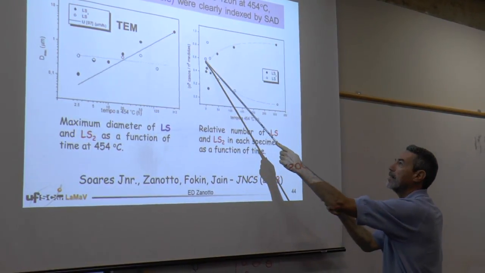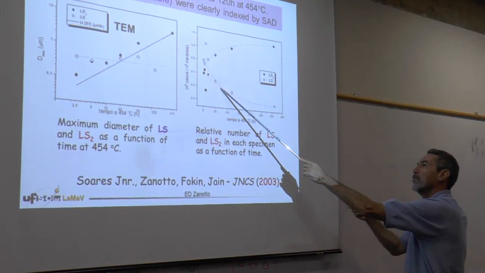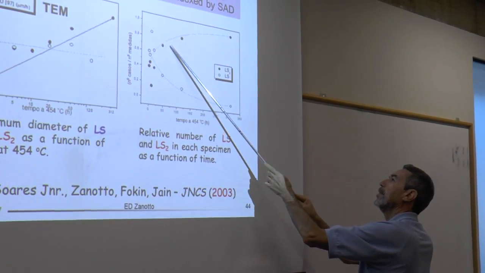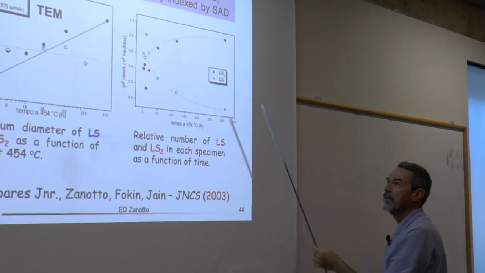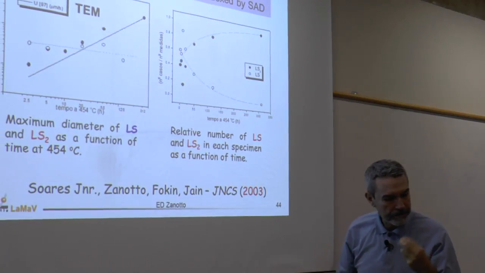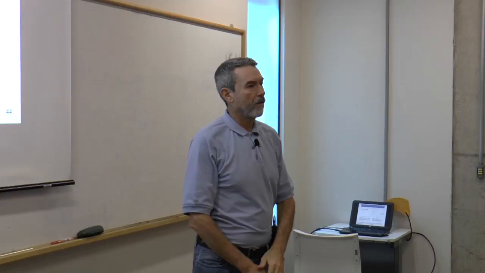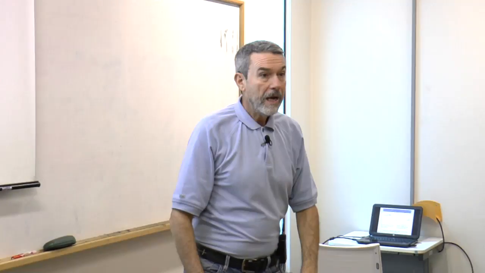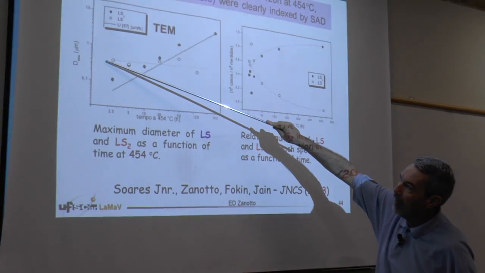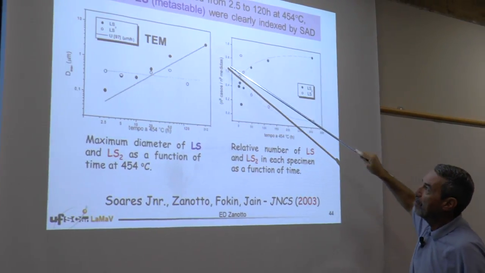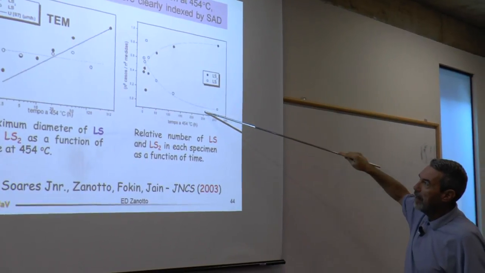The lithium metasilicate particles dissolve back, and the lithium disilicate continue to grow and to nucleate. So, the summary of this plot is the following. A metastable phase really forms. It nucleates very fast and then does not grow and eventually decays.